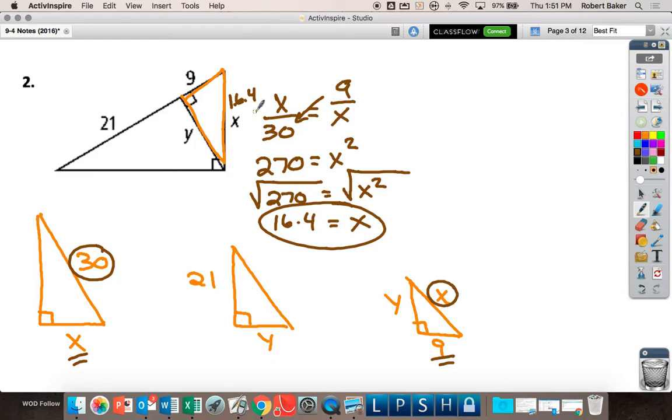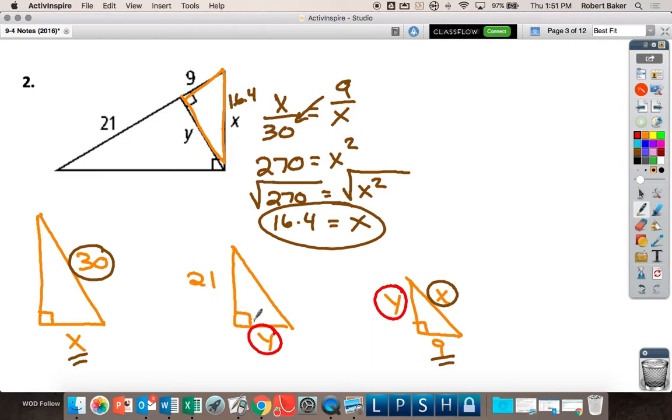Now we have to try and solve for Y. So we need to somehow get this Y involved and that Y involved. I wonder what two triangles we might use here. The small one and the medium one. So how do you want to set up your proportion?